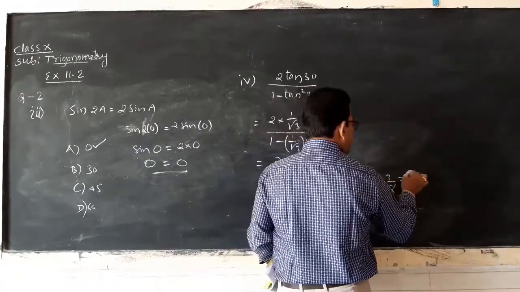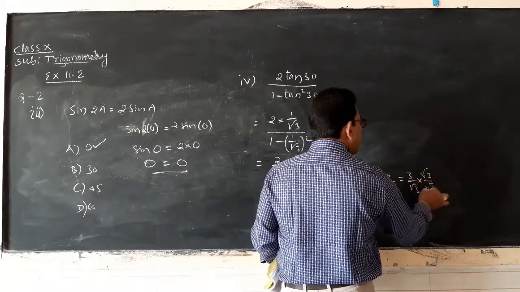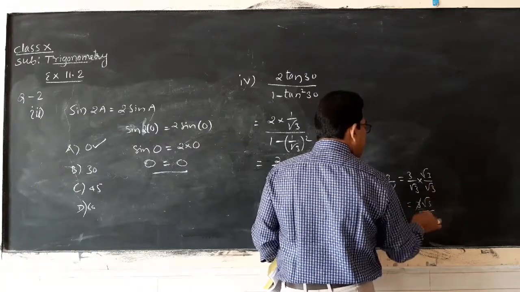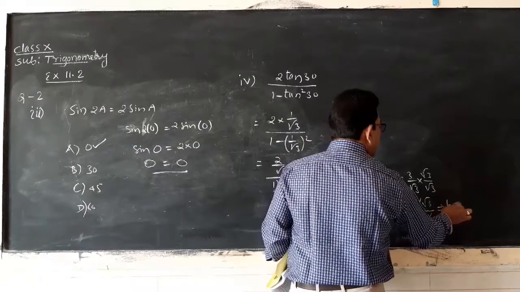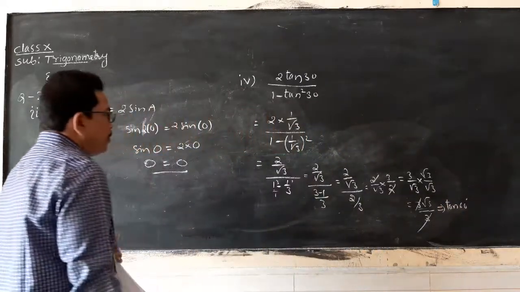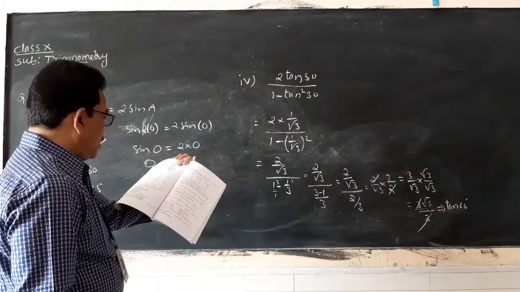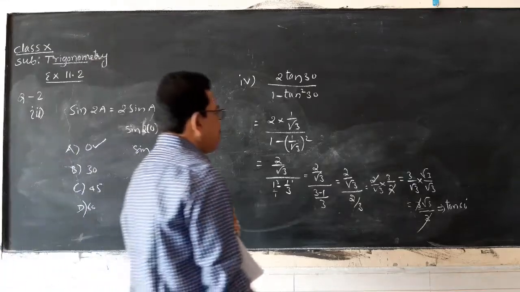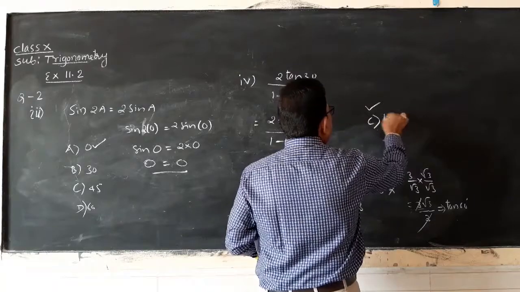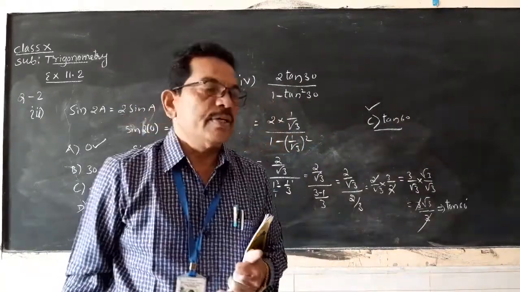Then what happens? 3 by root 3 into root 3 by root 3, 3 root 3 divided by 3, 3 cancel, which implies tan 60. C is the correct answer. Option C is tan 60.